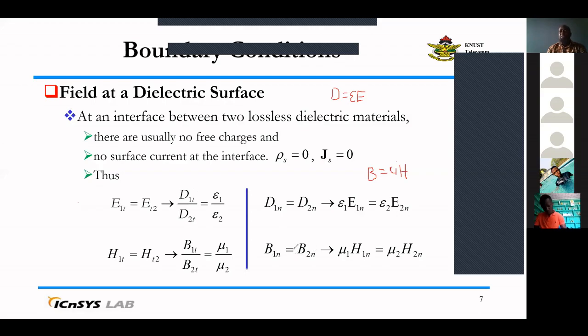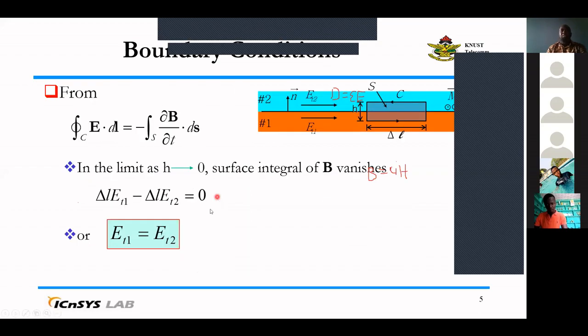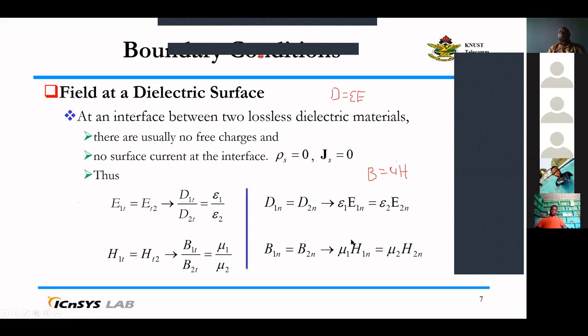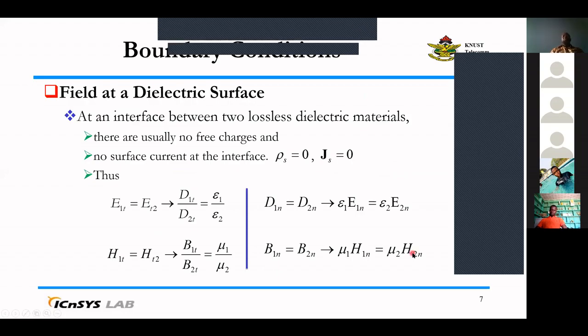And as for the normal component of the magnetic flux density, we have already indicated that they are the same. B2n equals B1n. So that remains the same here. B1n equals B2n. And since, again, B equals mu H, we have mu1 H1n equals mu2 H2n.